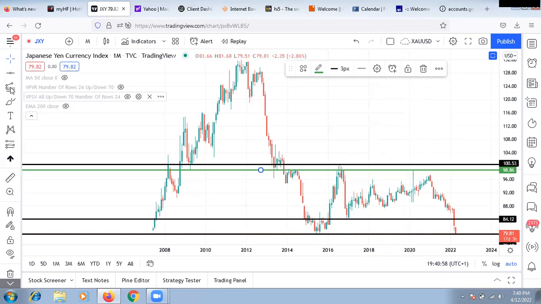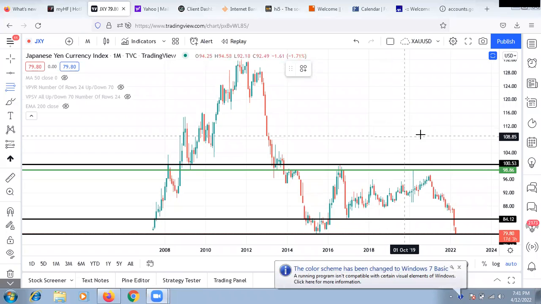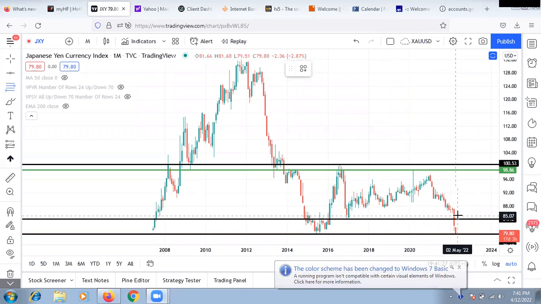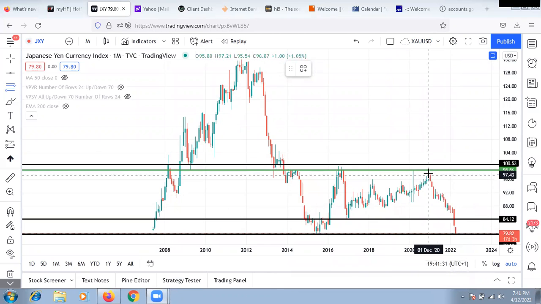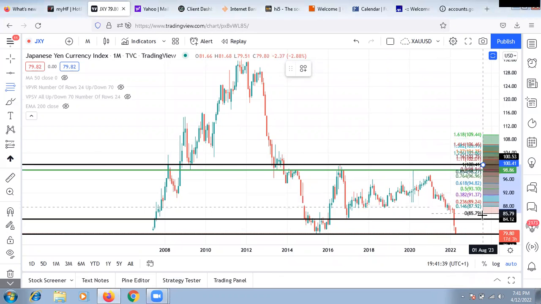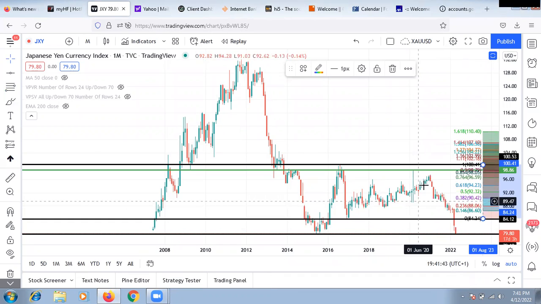In terms of fib retracement, from the origin of A to the end of A, which is here, the retracement of B is exactly at 90.